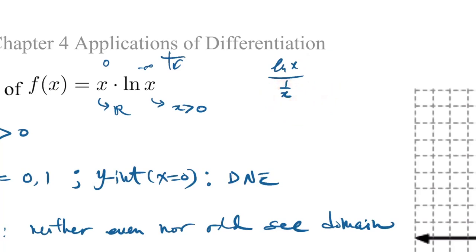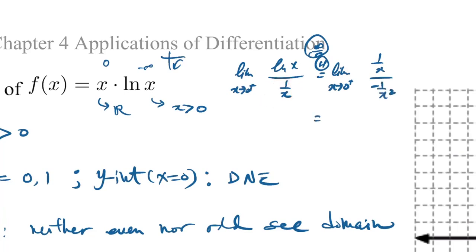So we could take the derivative of this. What is the limit as x approaches 0 from the positive side? It's an infinity over infinity case, so we apply L'Hopital's rule. That will give you 1 over x over negative 1 over x squared.